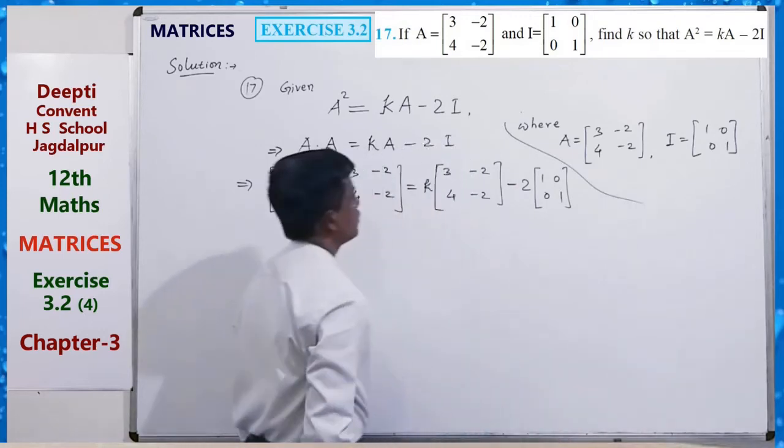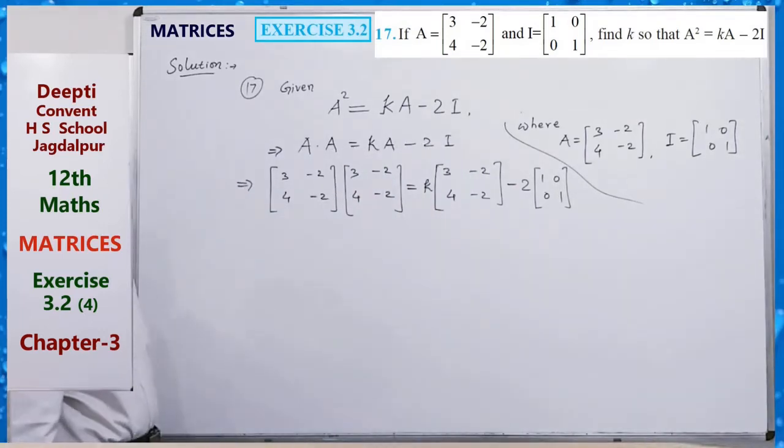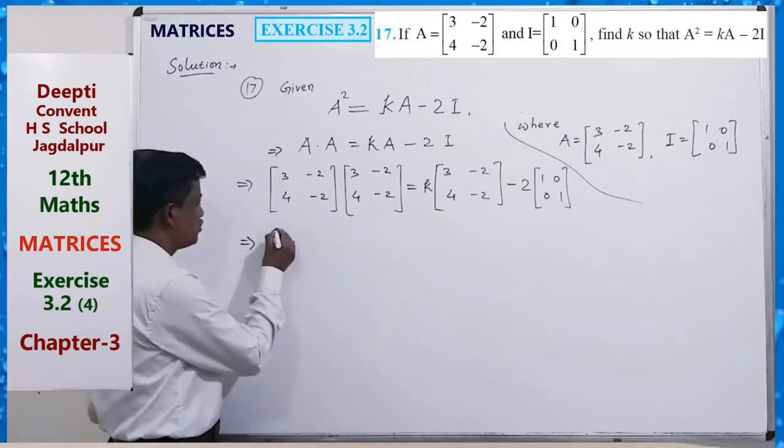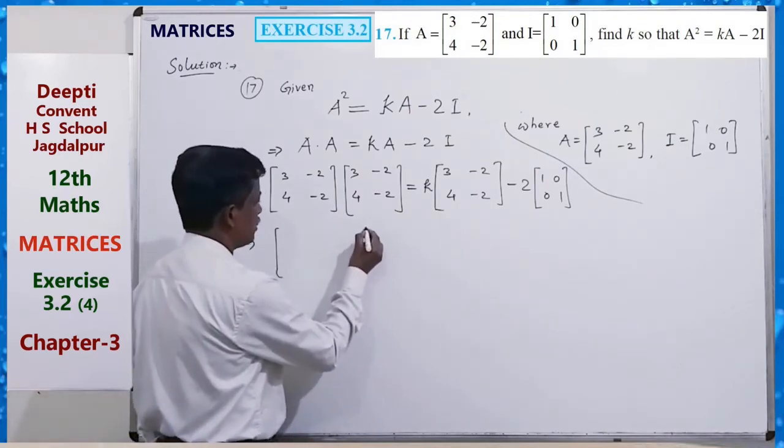Okay, so just put the values, now multiply. So what will be here?